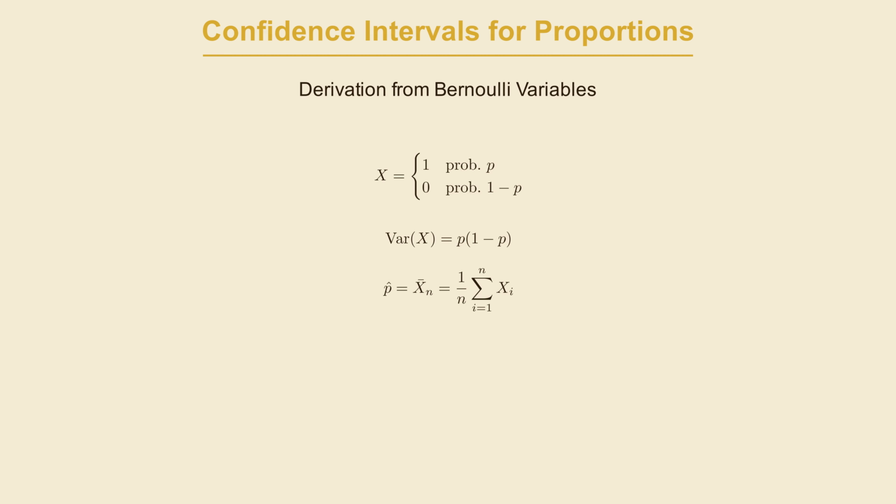And from the sampling distributions video, the variance of the sample mean ends up being the variance of the underlying variable divided by n. So the variance of p hat ends up being p times 1 minus p over n. The standard error, the square root of that, is the square root of p hat times 1 minus p hat over n. So really, we've derived this in the same way that we did for the mean. The only difference is that we're using a Bernoulli random variable instead of a continuous one, which makes the formula look a little bit different.